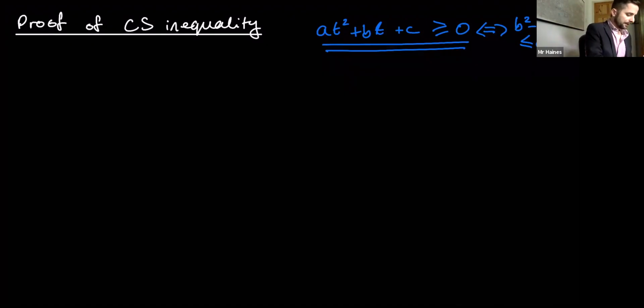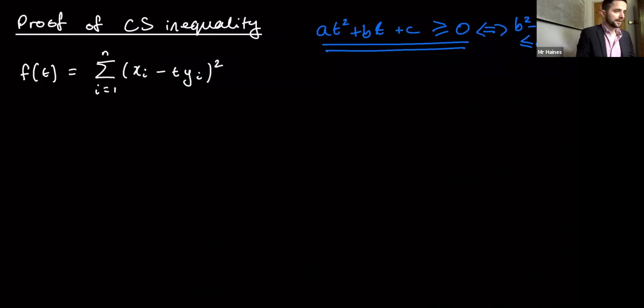I'm going to define a function, f of t, and it's going to be the sum. So I'm using sigma notation to begin with, but I'll write it in list notation after. From 1 to n of the xi numbers minus t times the yi numbers squared.